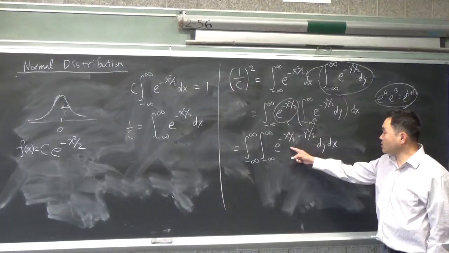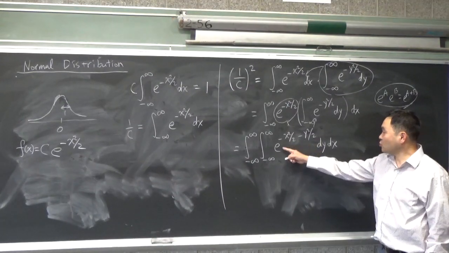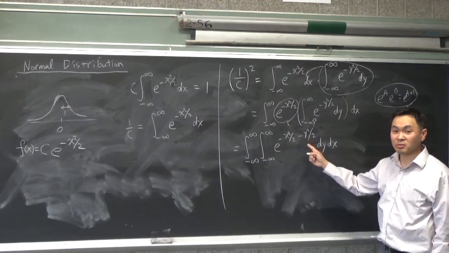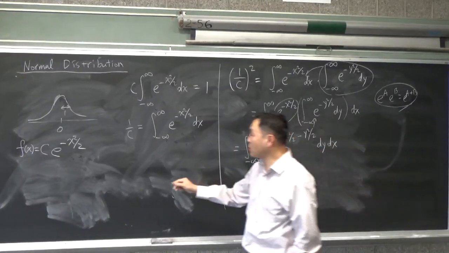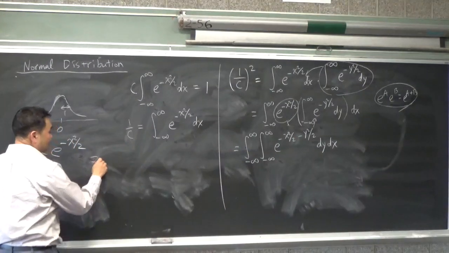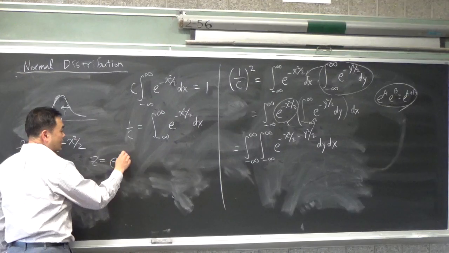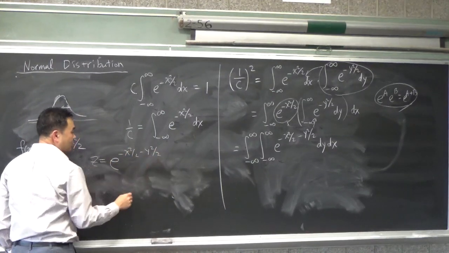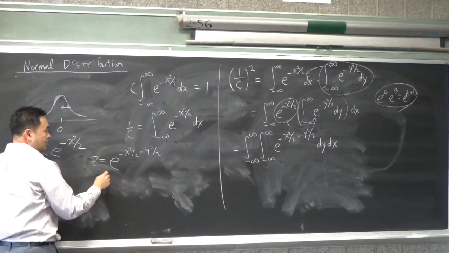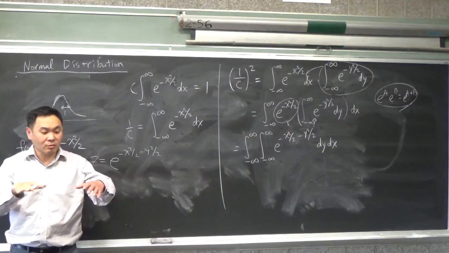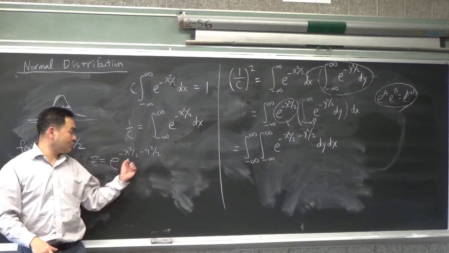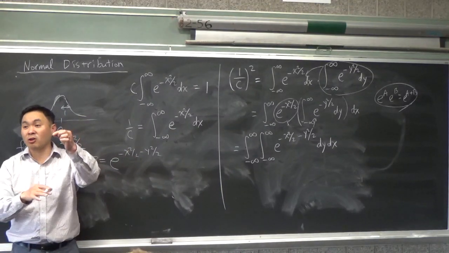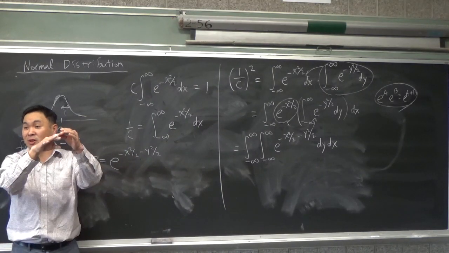What is this? This is a two-dimensional bell curve. So if you had the graph of z equals e to the negative x squared over 2 minus y squared over 2, that's like a surface where this will have the value of 1 at (0, 0), right? It will have the biggest value.